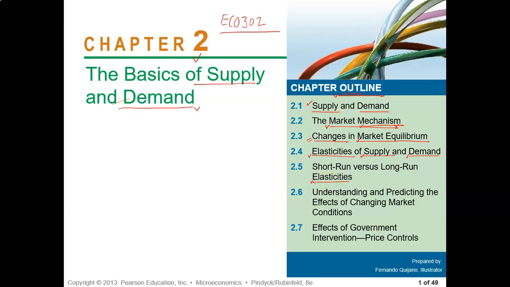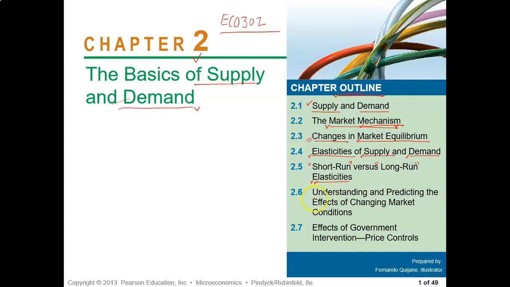See, the price will adjust to a change in either demand or supply differently in the short run than it will adjust in the long run. So we will discuss that.